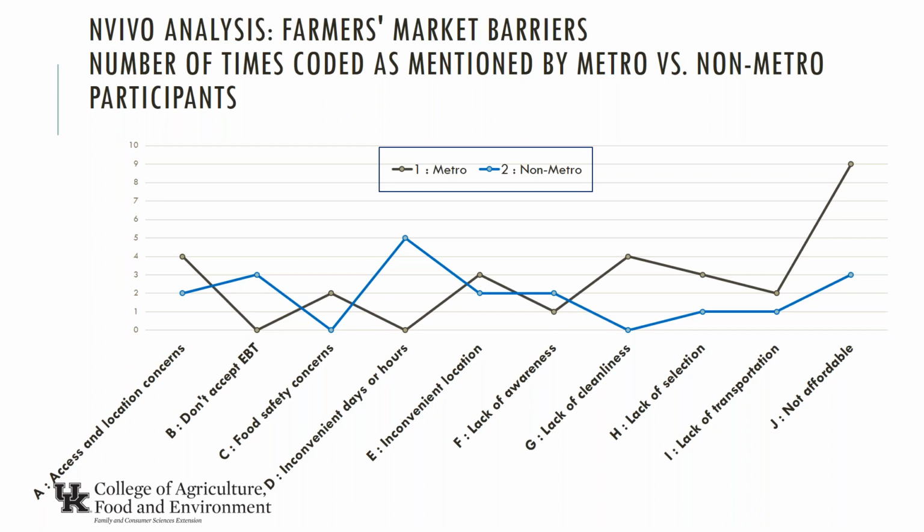But folks that lived in the city were more concerned with what they considered to be a lack of cleanliness at the market. And I'm supposing that this is because people that live in more rural areas are more comfortable with the fact that food is grown in the ground and it's going to probably be dirty.